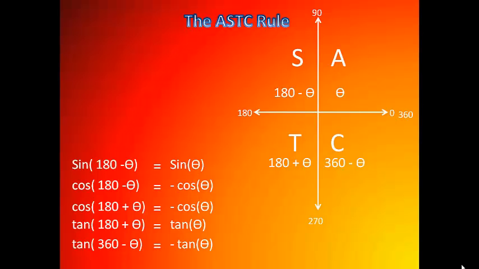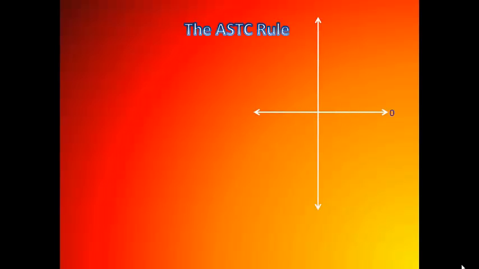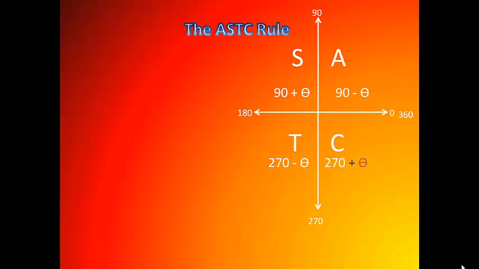This is with respect to the x-axis, 180 and 360. But what about getting the quadrants by using the y-axis? Write your asterisk rule A, S, T, and C, and then we can get the first quad by using 90 minus theta, the second quad by using 90 plus theta, 270 minus theta for the third quad, and 270 plus theta for the fourth quad.